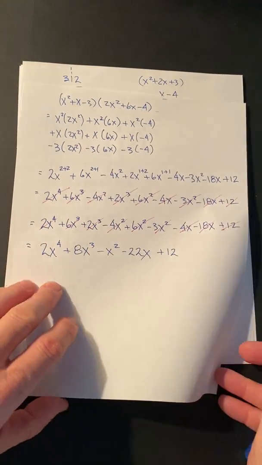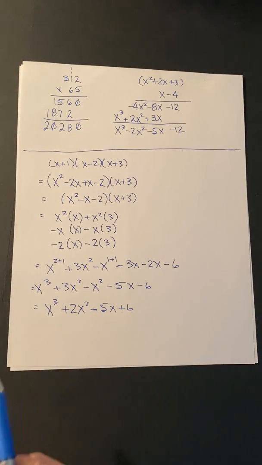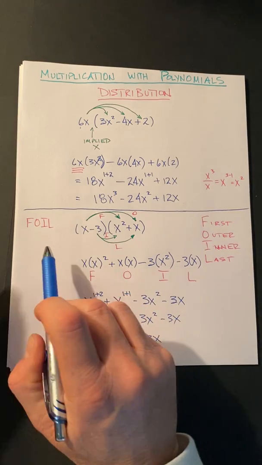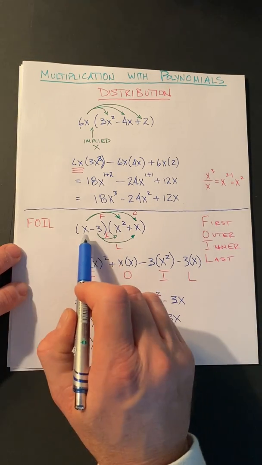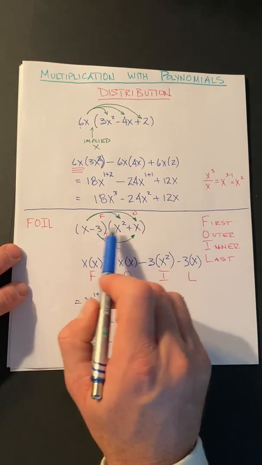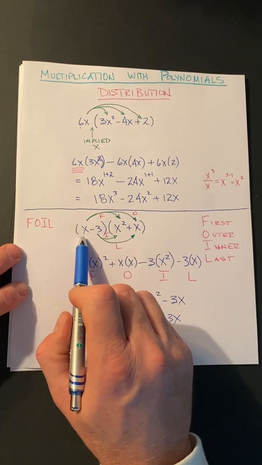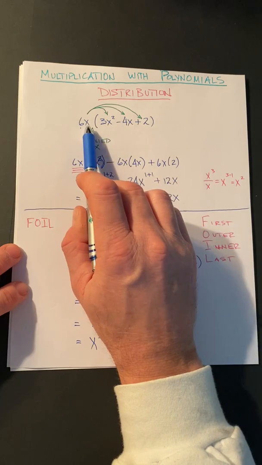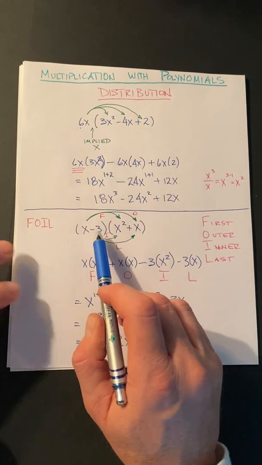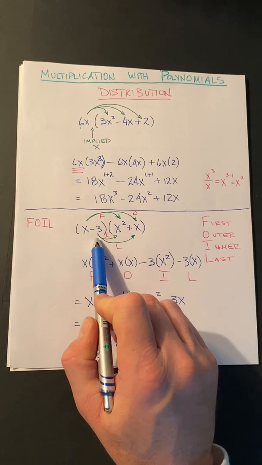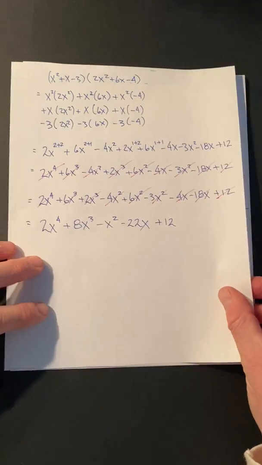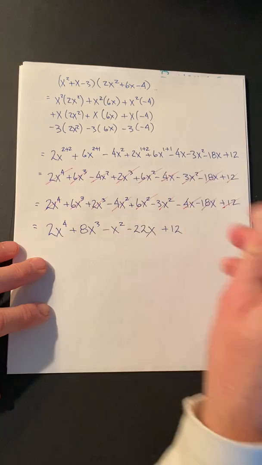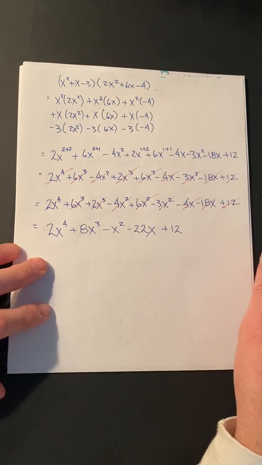Now, we introduced the term FOIL, and we'll be working with that much, much more. Keep in mind, FOILing only occurs when I have two binomials, okay? We're not FOILing this, we're distributing the 6x. We're FOILing the two binomials, and we are distributing the trinomial against the other polynomial, okay?